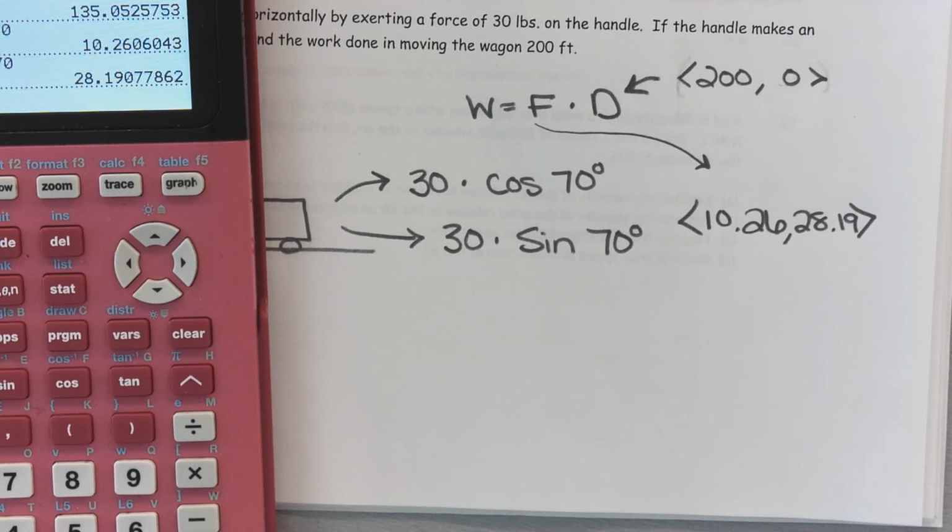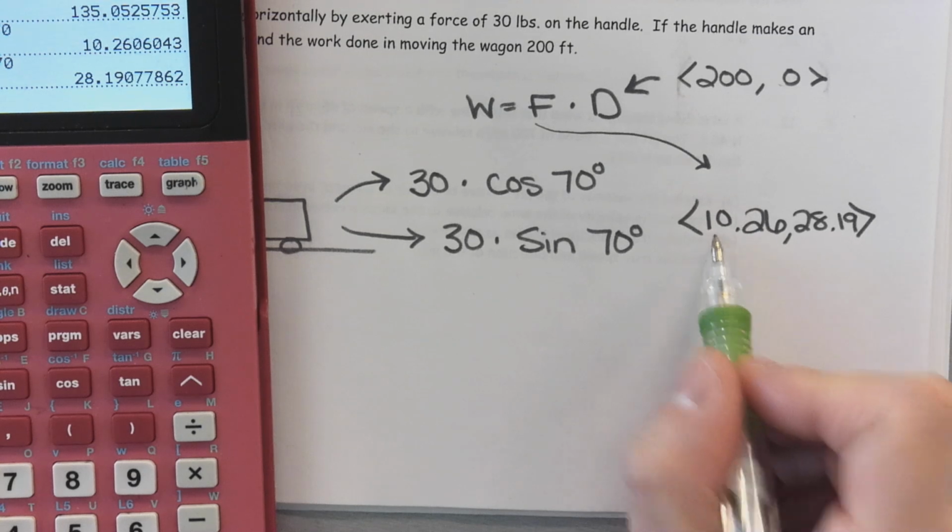So now we're going to take these two, multiply them, these two, multiply them, and add them together. Well, what's this going to do? It's just going to be 0, a whole lot of nothing. There's no work being done in the vertical direction because I'm not curling the wagon. I'm literally pushing it along the ground.